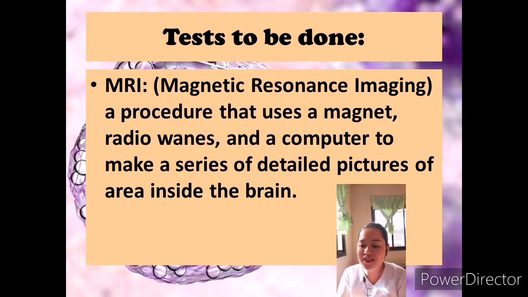So magnetic resonance imaging uses radio waves and a magnet to view a specific area of the brain to further study the stage of the tumor. So that's all I have on glioma. Thank you so much for listening.